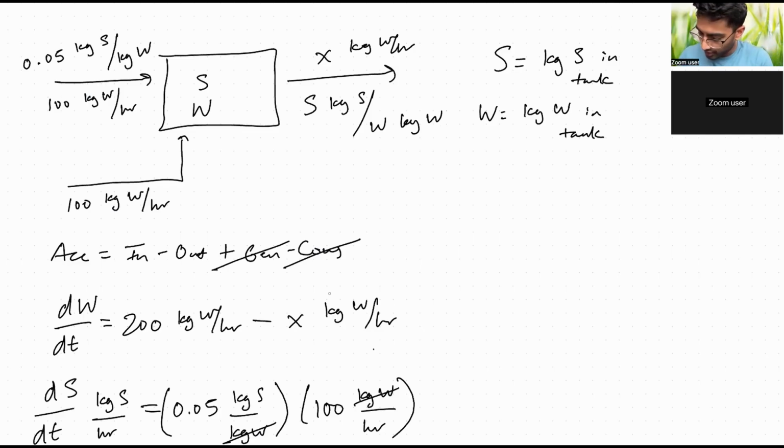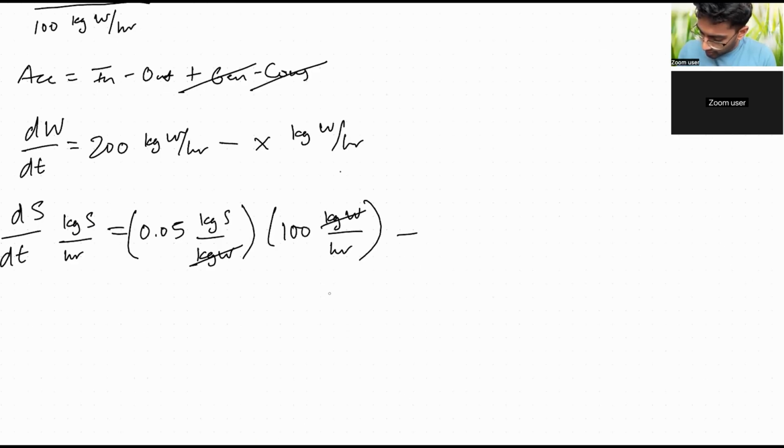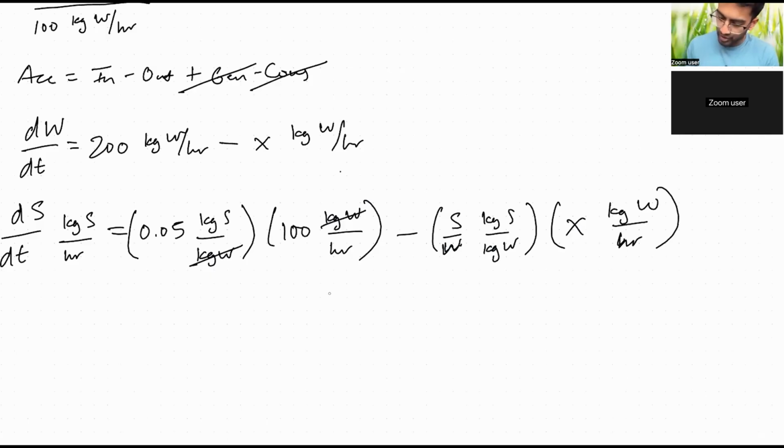So that means outwards is going to be S over W kg salt per kg water, times x kg water per hour. Again, these terms will cancel. Now we said it's steady state, so we'll set these equal to 0.